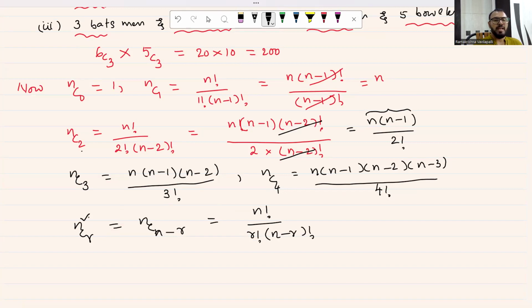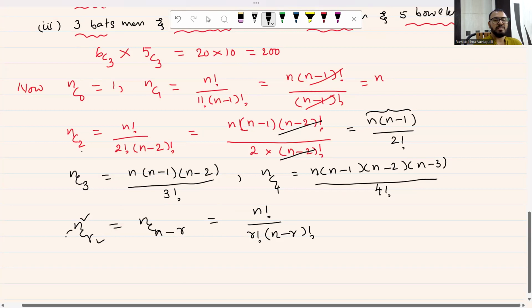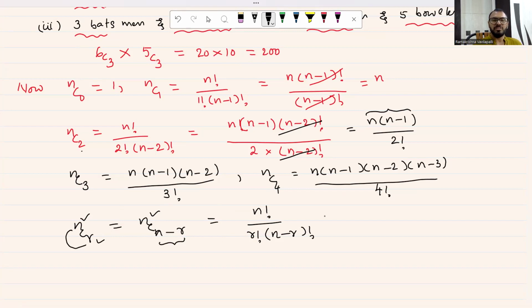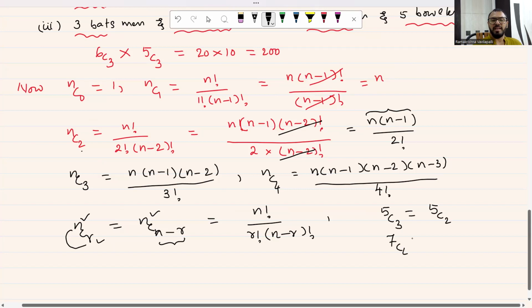One is n, another one is r, and another one is the difference of these two. Here n minus r, and the difference of these two is again r. So therefore, sometimes instead of writing 5C3, directly you can write 5C2. 7C4, we can write 7C3.